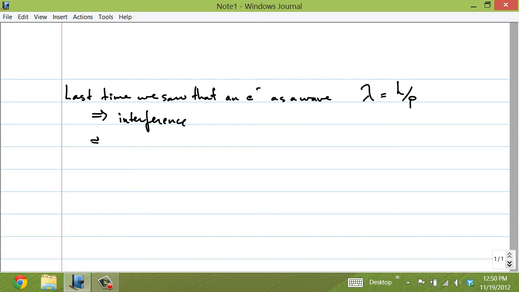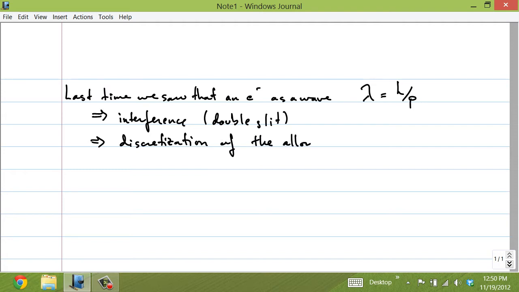Interference effects, of the sort that we already discussed in the double slit experiment, as well as a discretization of the allowed frequencies or the allowed wavelengths of an electron if you put it in some small region of space.